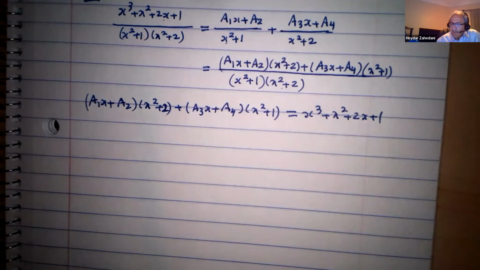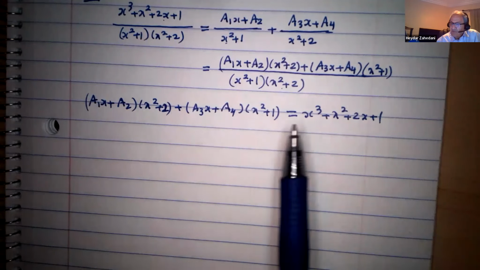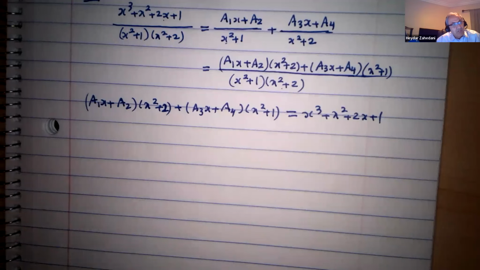The coefficient of x cubed on the left and the right must be equal to each other, the coefficient of x squared equal, the coefficient of x equal, and the constant equal. You use this idea to quickly find the 4 equations you were looking for. This is much easier for this type of numbers.